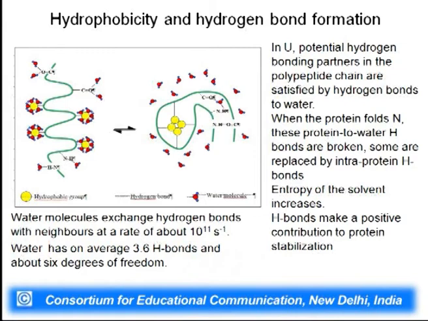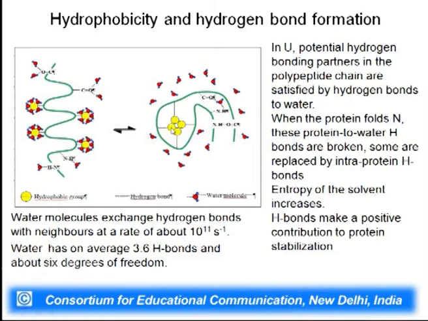So, hydrophobicity and hydrogen bond formation. Simply put, if we have a protein which is unfolded and we have the hydrophobic groups exposed outwardly, it will result in its collapse, bringing together the hydrophobic groups towards the core.